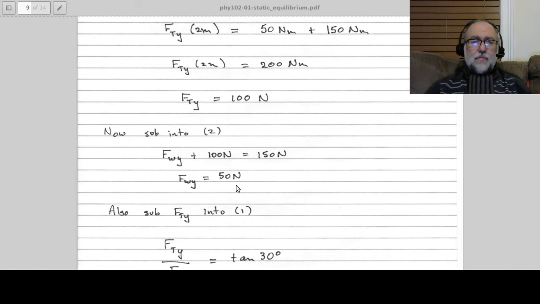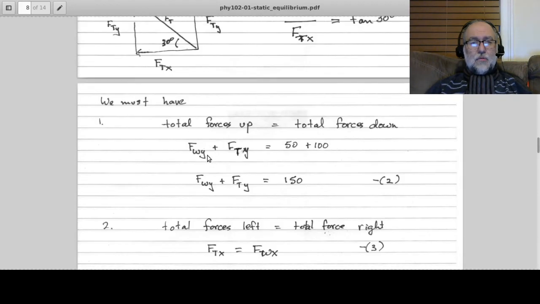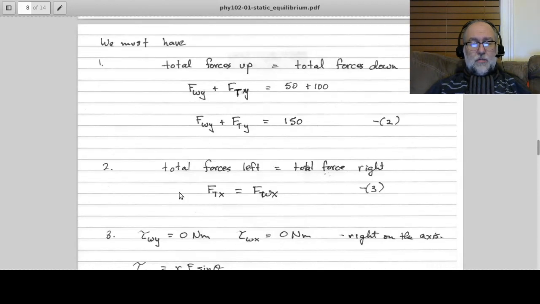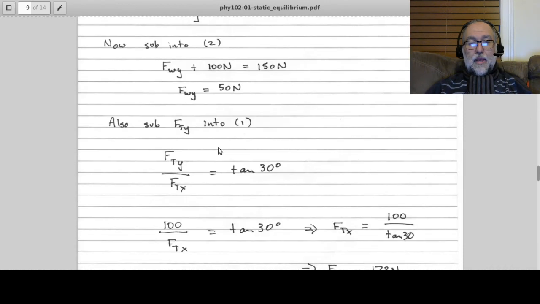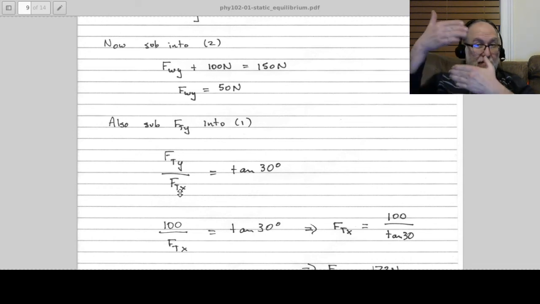But now what about the x components? Well, if you take a look at equation number 3, it doesn't really help directly right here, because you don't know either of them. But remember that there's a relationship between FTX and FTY, and that equation was that tangent formula. So as soon as I got FTY, I got FTX, because the two have to be in some fixed ratio to one another.